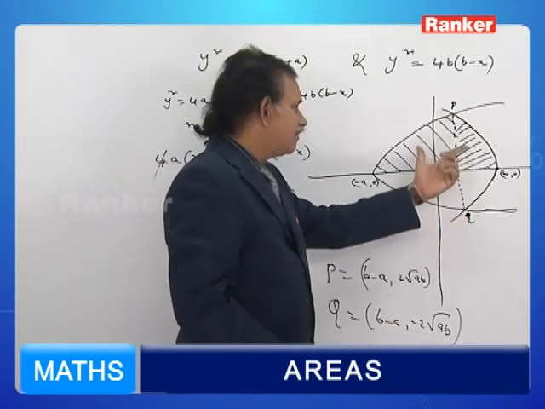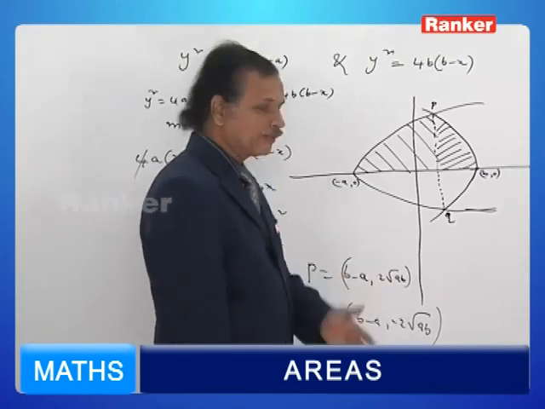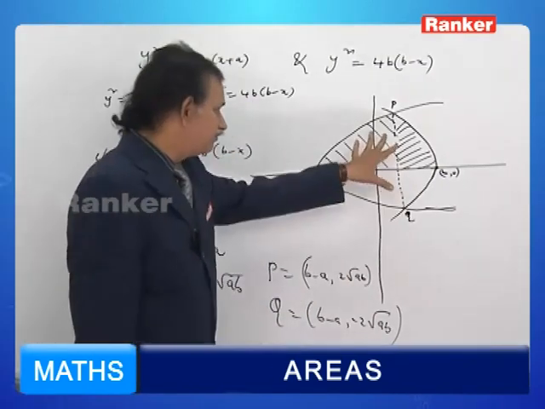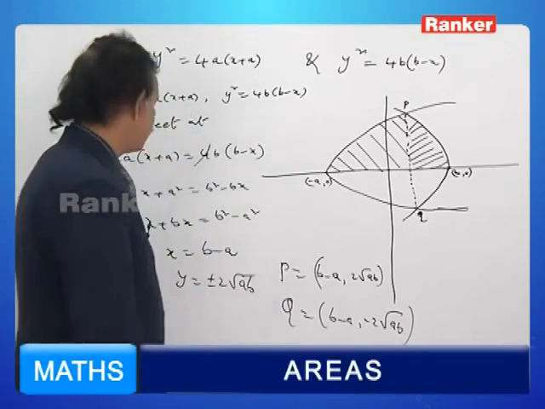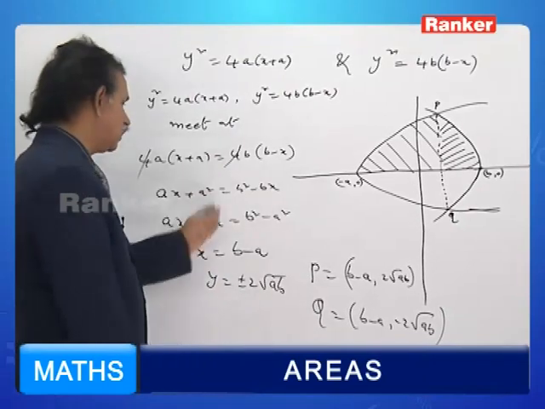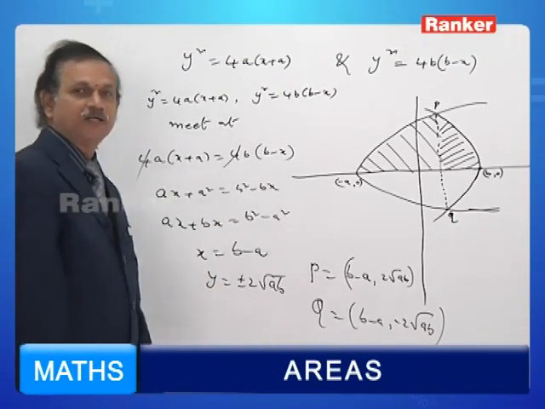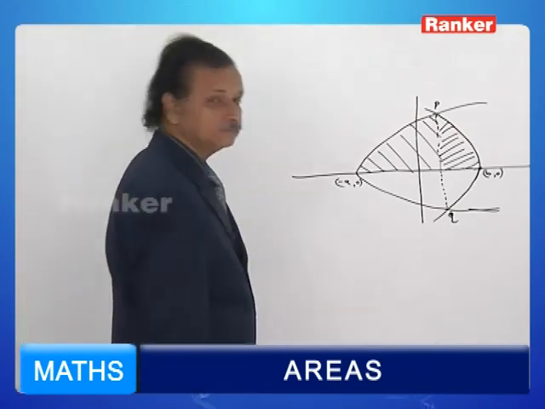This area will be same as this. So required area is 2 into area of this region. We are now going to do that. Please follow the steps carefully and keep them in your mind or note it somewhere else.